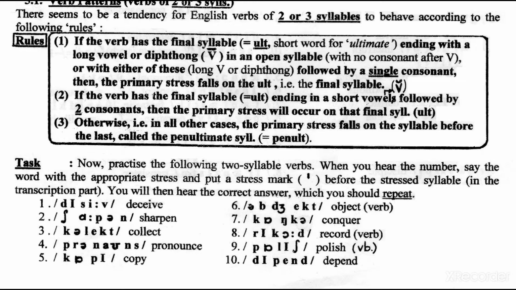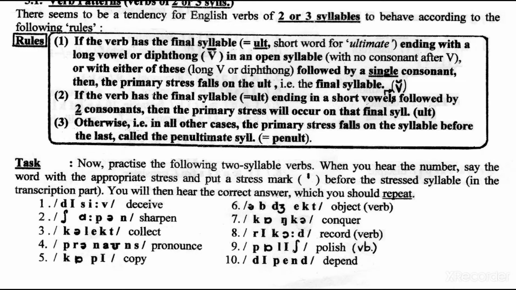So Rule 1b says, if the verb or the adjective has the final syllable, that is the alt, ending in a short vowel followed by 2 consonants, then the primary stress will occur on the final syllable or the alt.